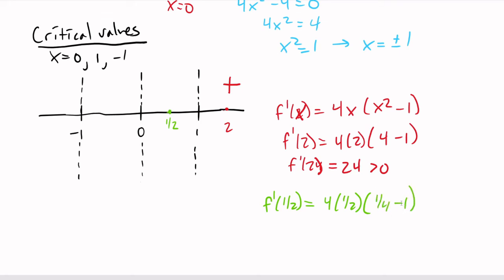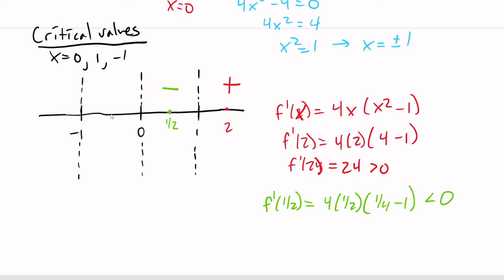And here's the nice thing about this: you don't even need the number. Who cares about that? Is it positive? Is it negative? Positive, positive, negative. This is negative. You could plug that in the calculator if you want, but you don't even need to. Negative. I am decreasing. The function is decreasing everywhere between 0 and 1, not included. Keep going.